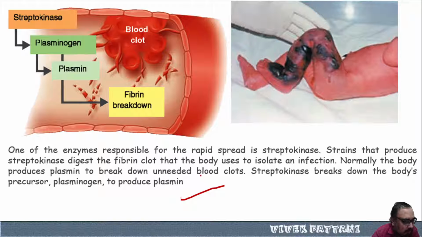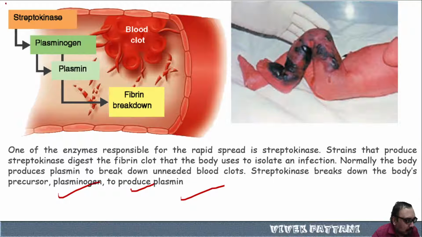Normally, the body produces plasmin to break down unneeded blood clots, and streptokinase breaks down the body's precursor plasminogen to produce plasmin.